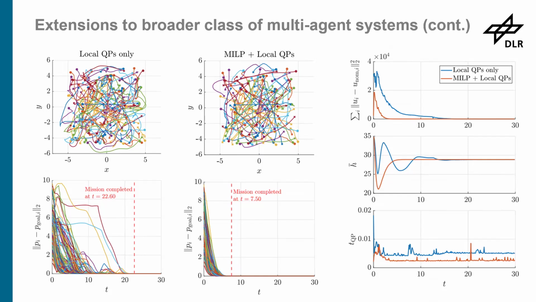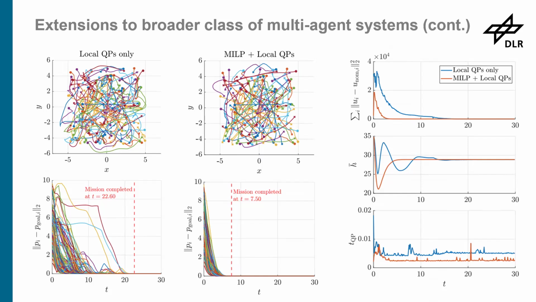And you see in this case, after 23 seconds or so, all of the agents reach the goal. Here it's after 8 seconds, right? So by just coordinating, you can gain performance.